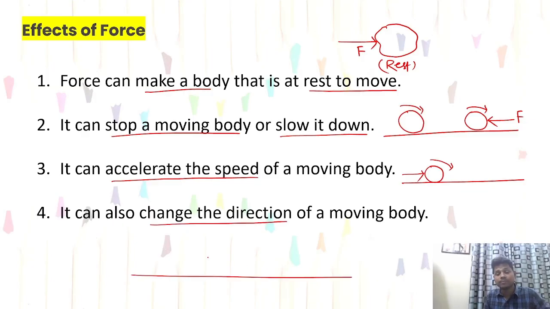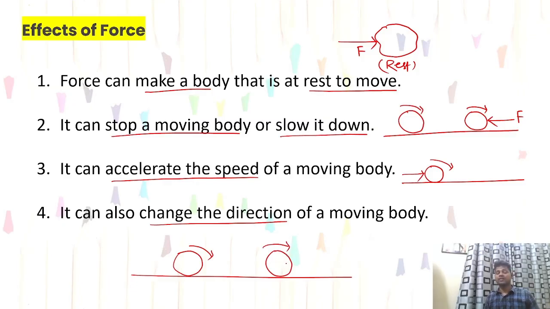That means if this body is moving in this direction, and after some time the body is here, and if I apply a much greater force than the body moving from left to right, then I can change the direction of the moving body from here to here.